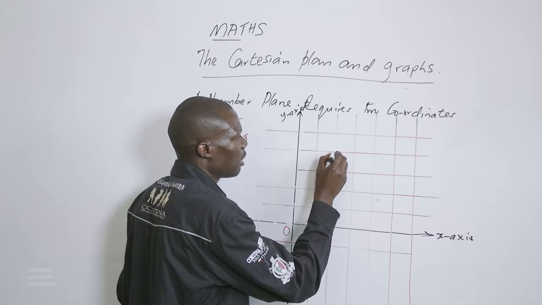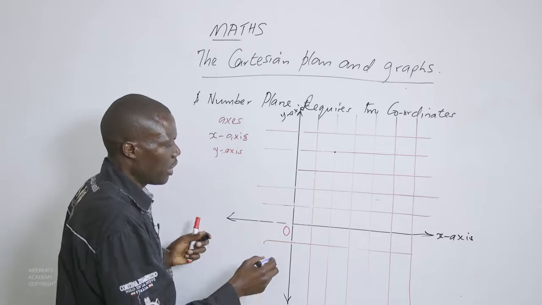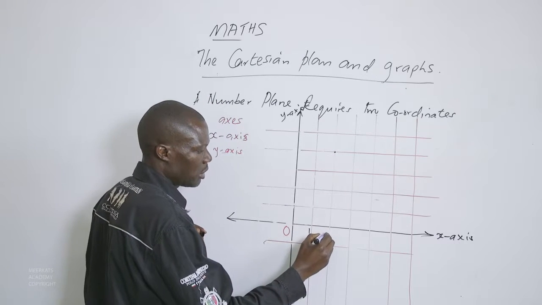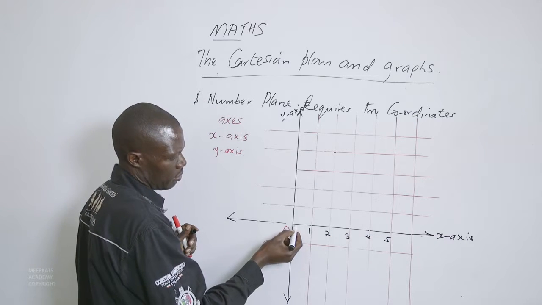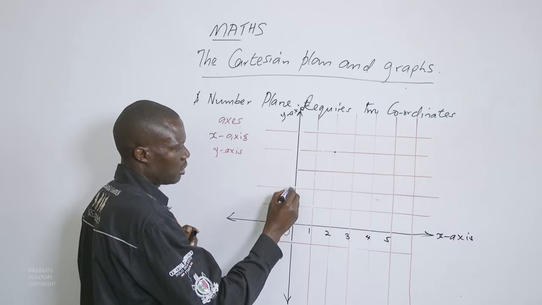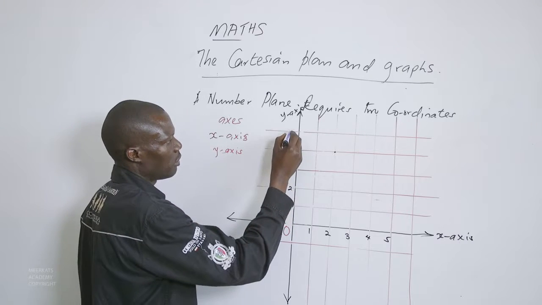There is a use of identifying a point. In this case, I want to have a dot here. If we had the scale labeled 1, 2, 3, 4, and 5, then from the origin we count 1, 2, 3, 4, and 5.